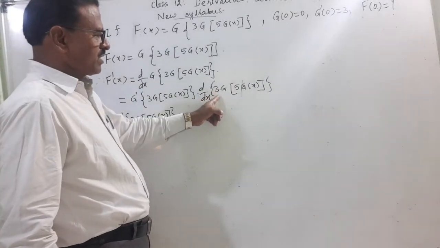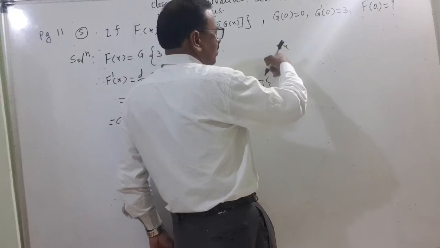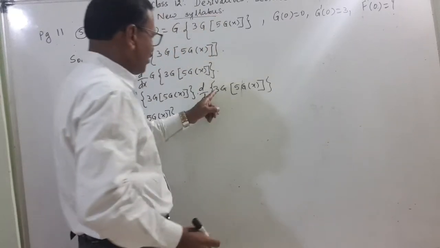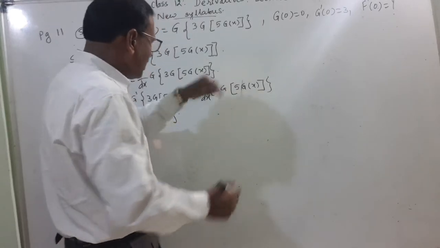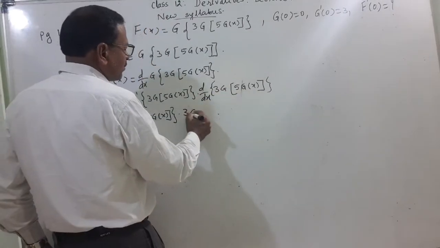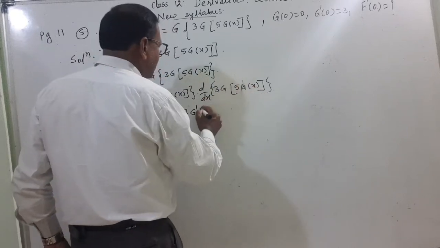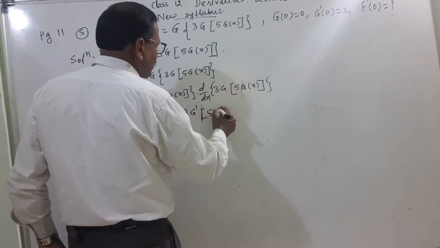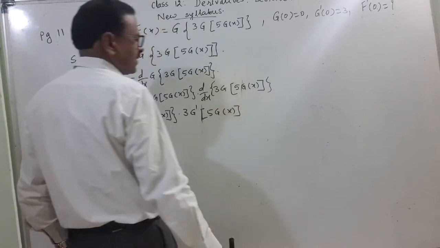As it is the coefficient, its derivative is not taken. Suppose it is 3x, the derivative of 3 is not taken, only the derivative of x is taken. Similarly, derivative of this will not be taken, only the derivative of g, which will be g dash. Go in the sequence: 5g of x.